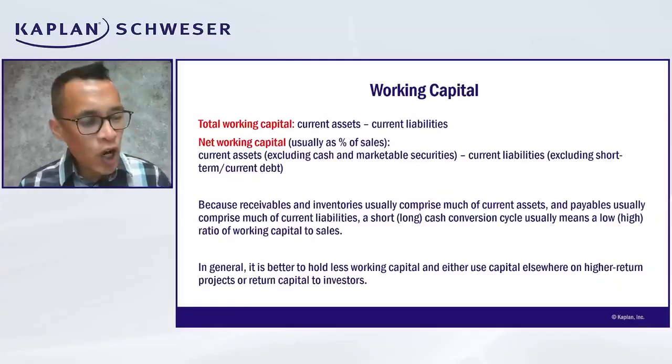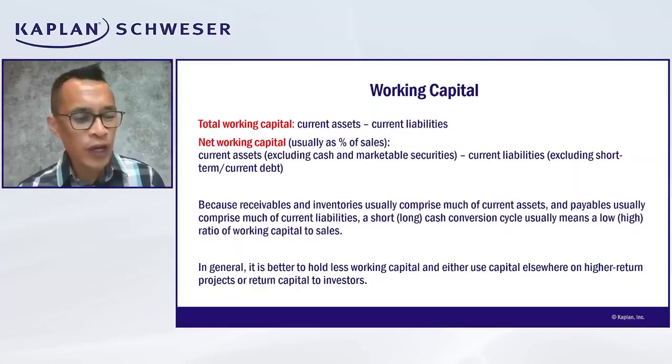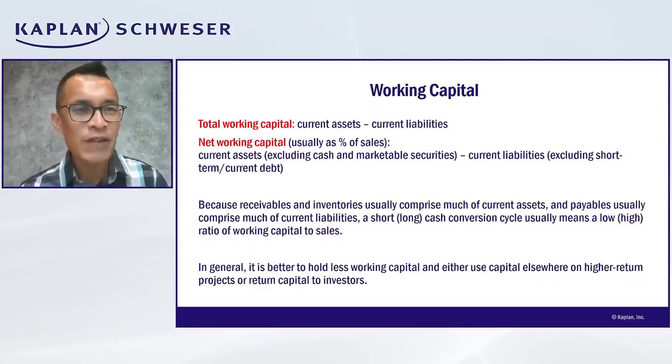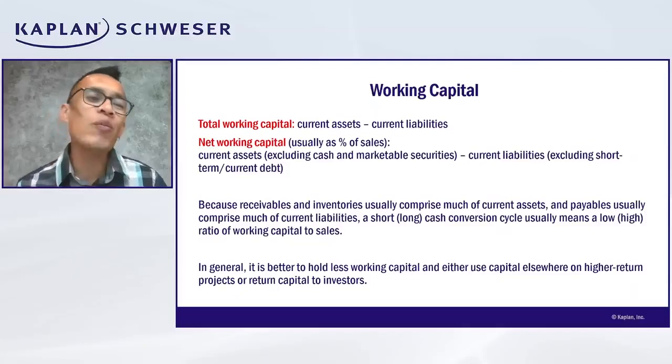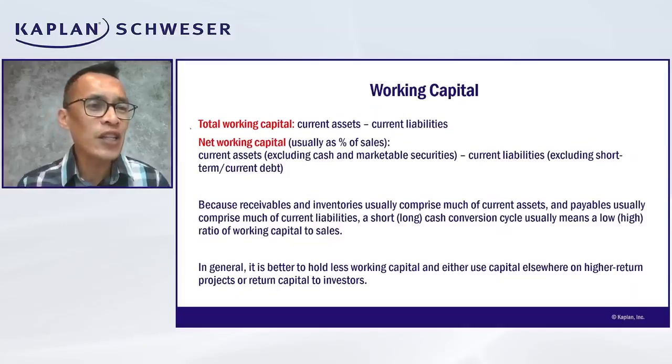Now here we have 2 definitions of working capital to grasp and differentiate. Now total working capital is quite straightforward. This is intuitive and you should already know this. It's the traditional definition of working capital. Net working capital, on the other hand, is a little bit more subtle.